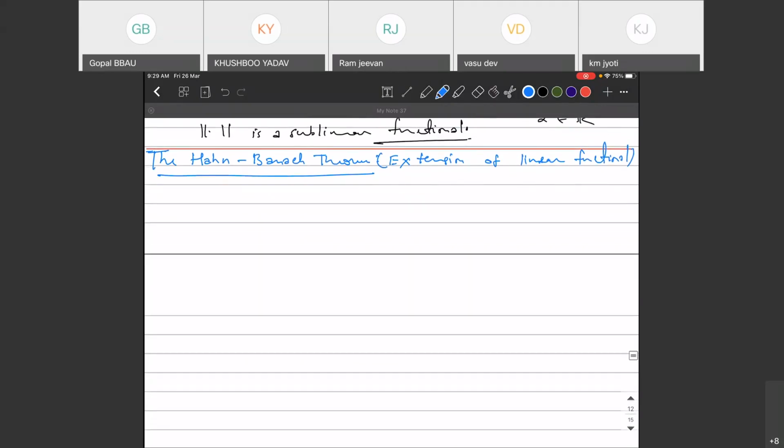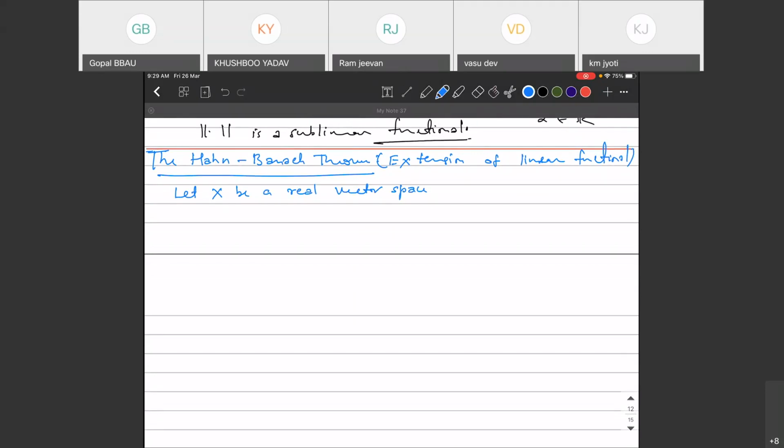It states that let X be a real vector space. What does it mean by real vector space?